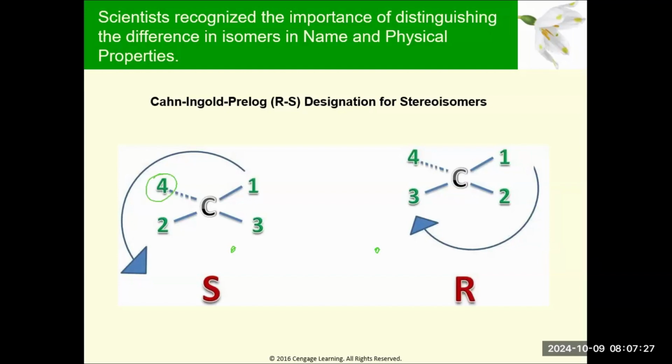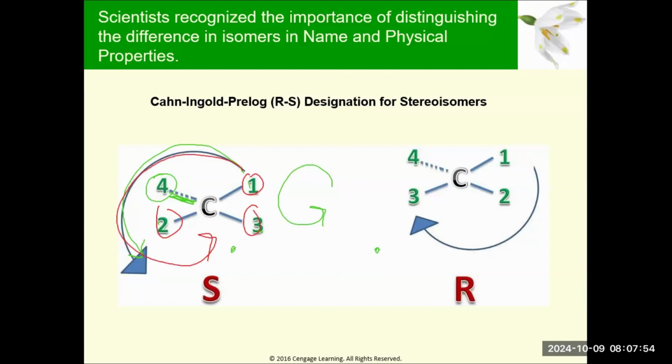You see how there's wedges, so 4 is in the back. Then if you go counterclockwise, or we say left, we say sleft. So if it turns left, going this way, 1, 2, 3, we say S for sleft.